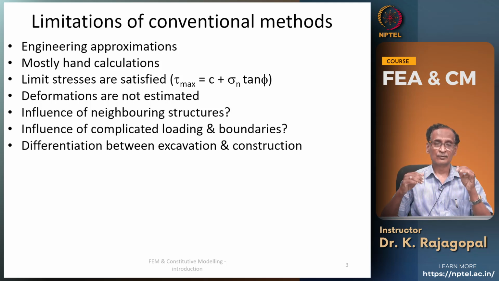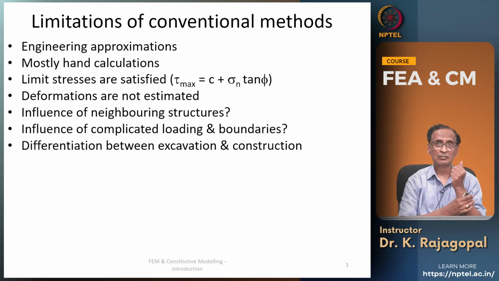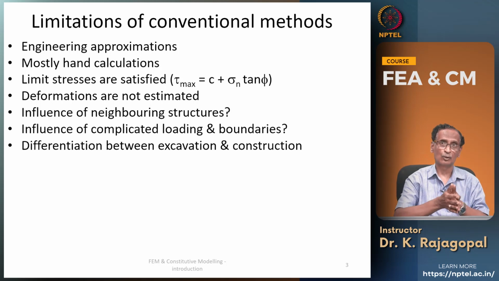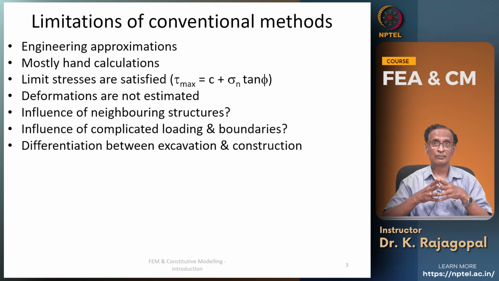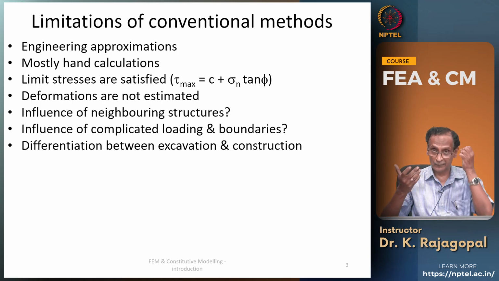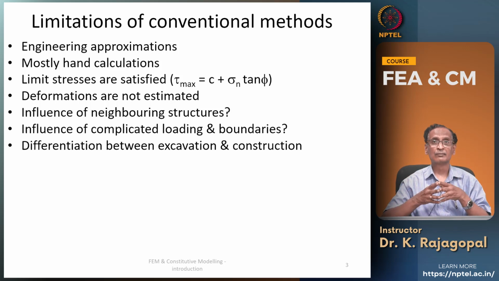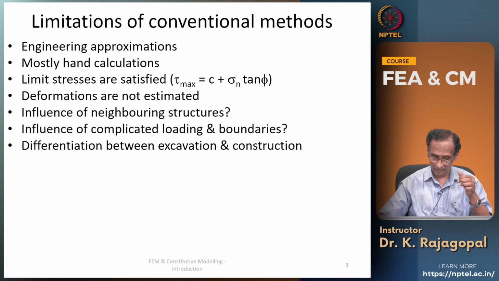Both will look alike at the end of our construction, but their response may not be the same, because one is a constructed slope and the other is an excavated slope. We will not be able to differentiate between these two when we have these hand calculations based on conventional methods.